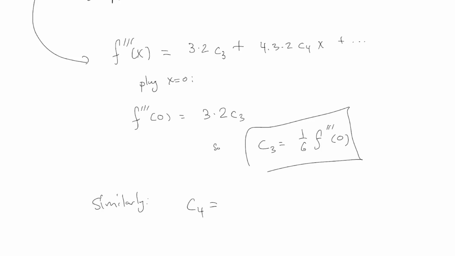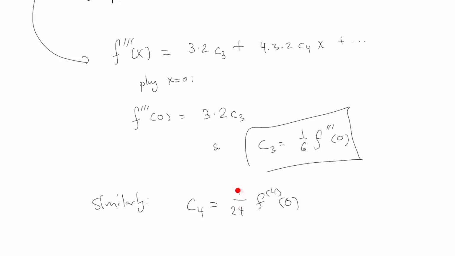Yeah? Yeah, she said 1 over 24 f, the fourth derivative, which we usually write like that. Yeah, why'd you say 24? It is this number here, 4 times 3 times 2. All right, what would the next one be? It would be 5 times 4 times 3 times 2. This is the pattern. All right, 1 over 24.